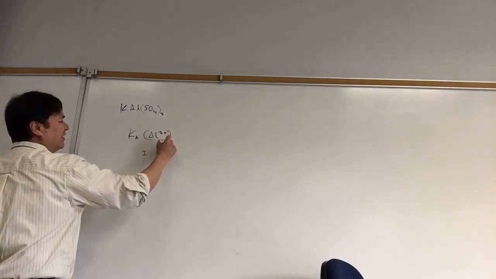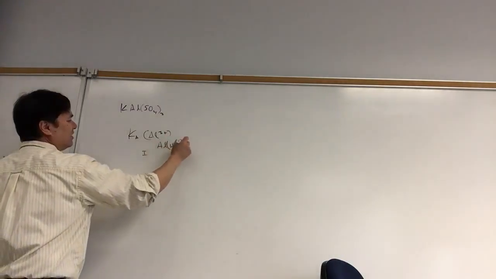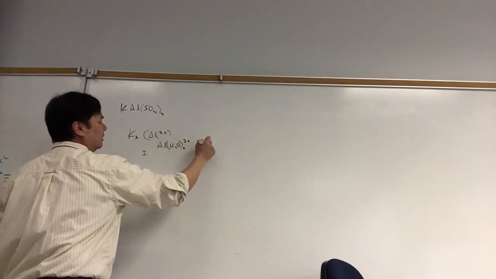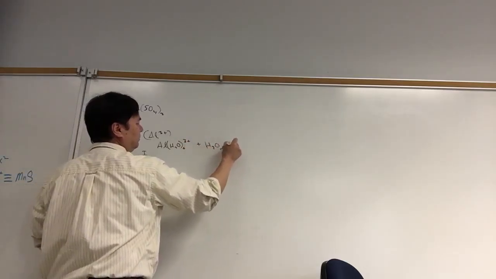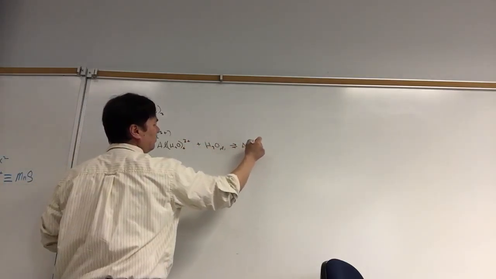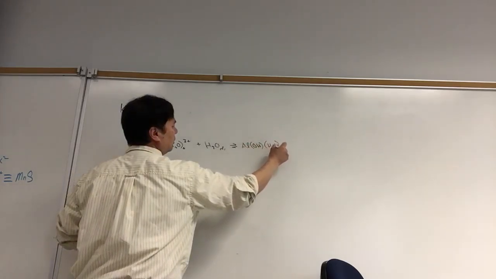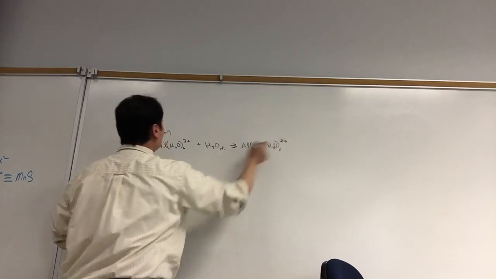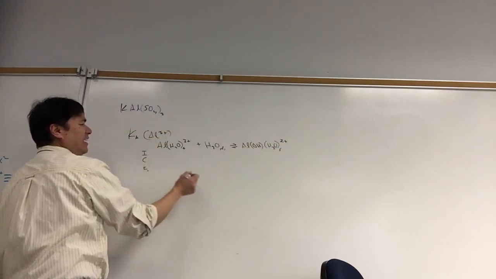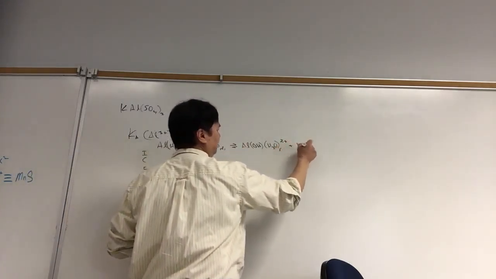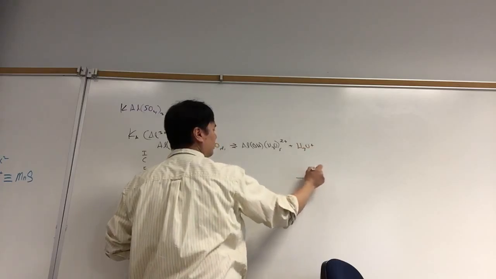Aluminum, Al(H2O)6 3+ plus H2O liquid. So we set up the ICE table and we get some hydronium at equilibrium here.